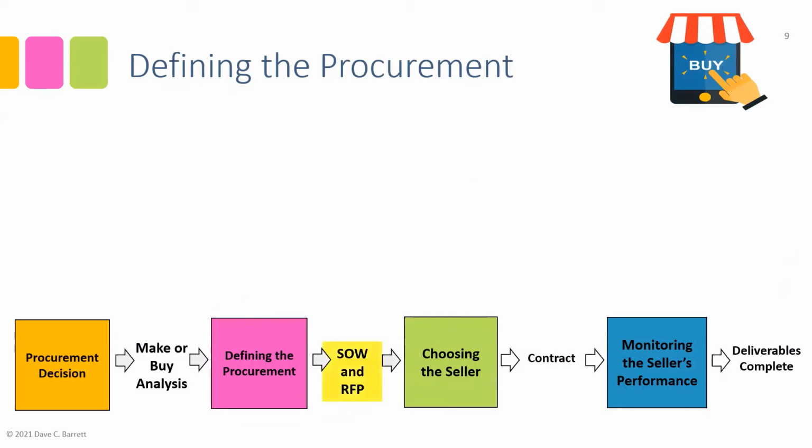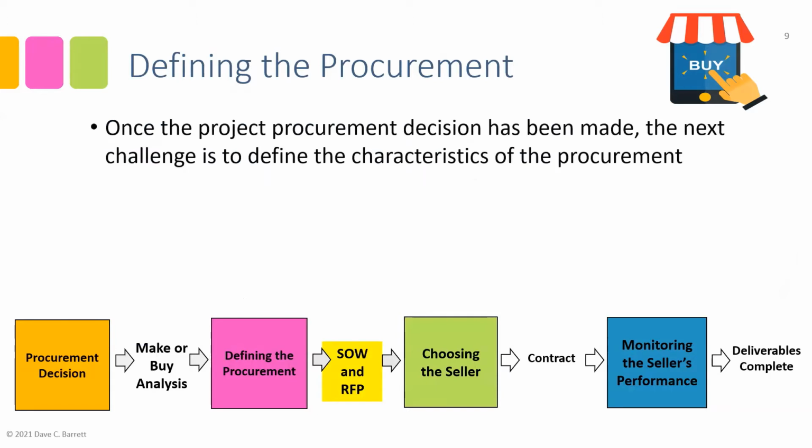Okay, our next step in our process is defining the procurement. Once the project procurement decision has been made, the next challenge is to define the characteristics of the procurement. So we need to define what it is we want an external organization to produce for us.